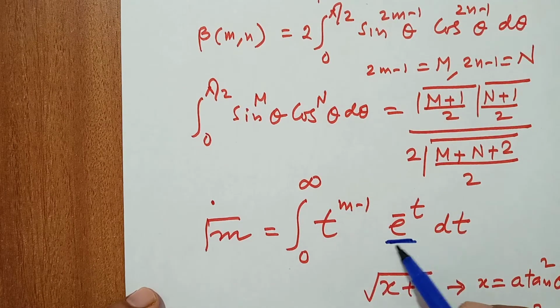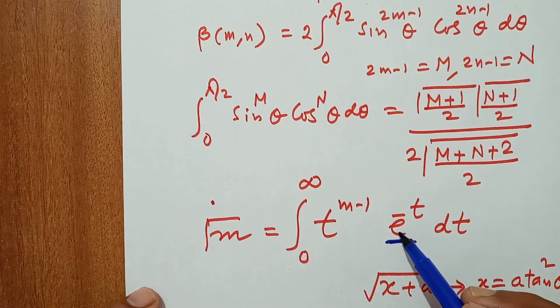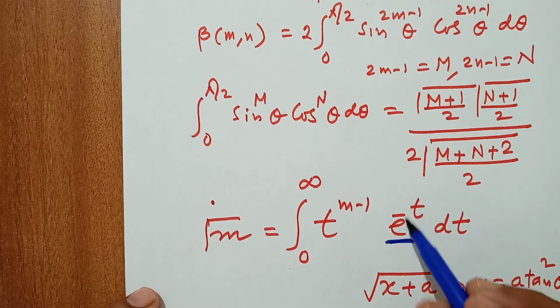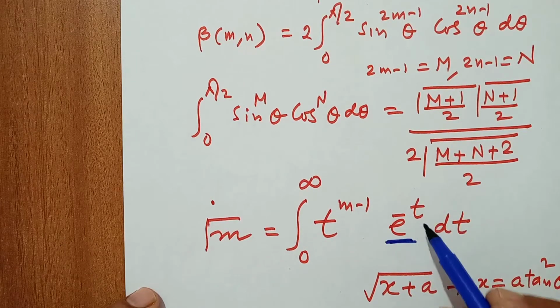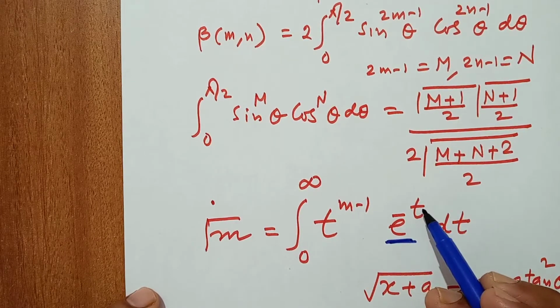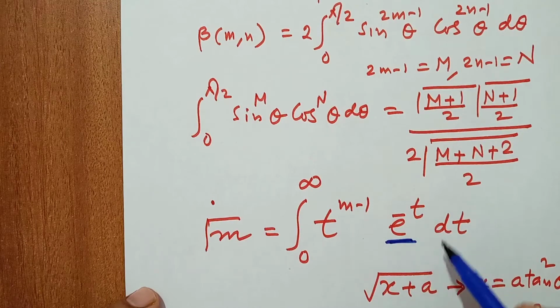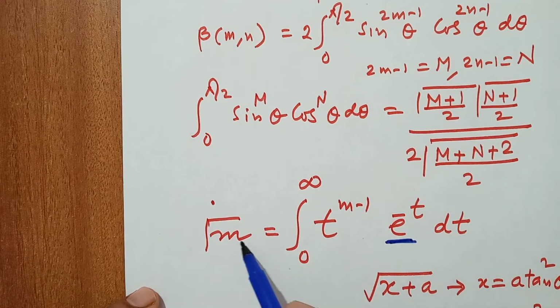So you see the exponential and the power of the exponential. What is the power of the exponential? If you have any problem here, you substitute this as t, then your problem is automatically converted into the gamma function. Now I am going to explain some questions.